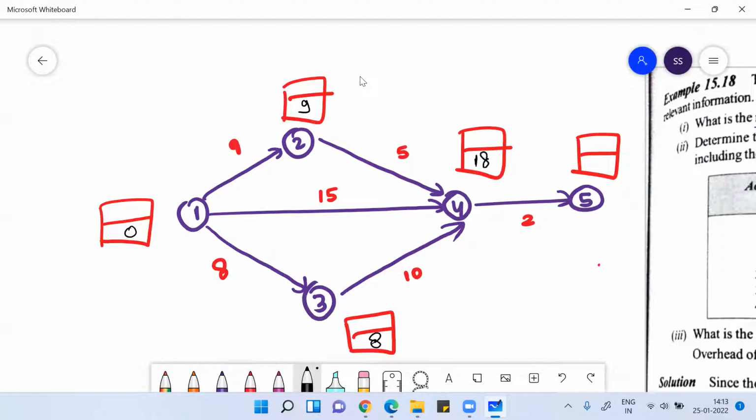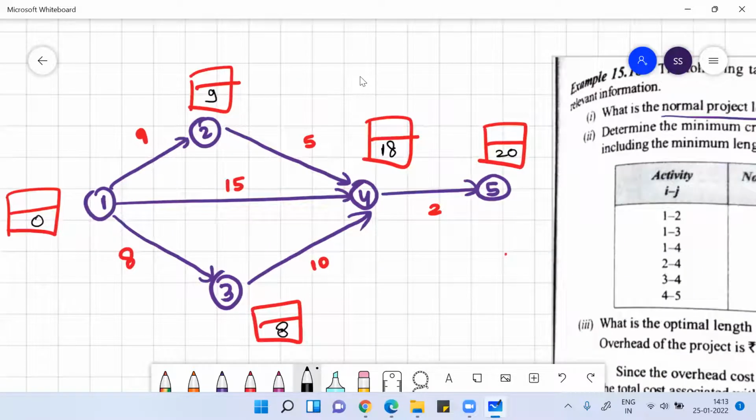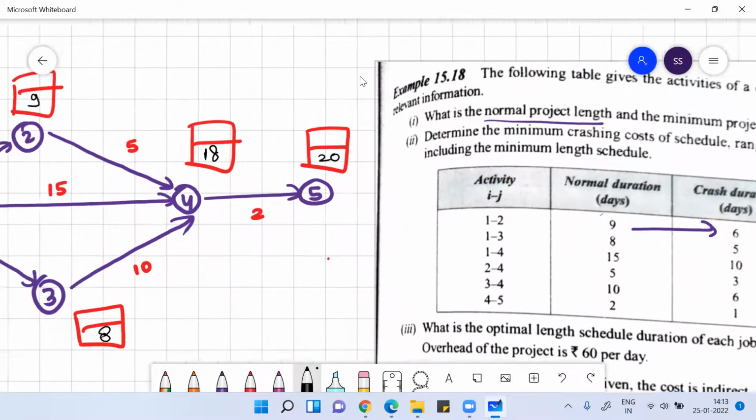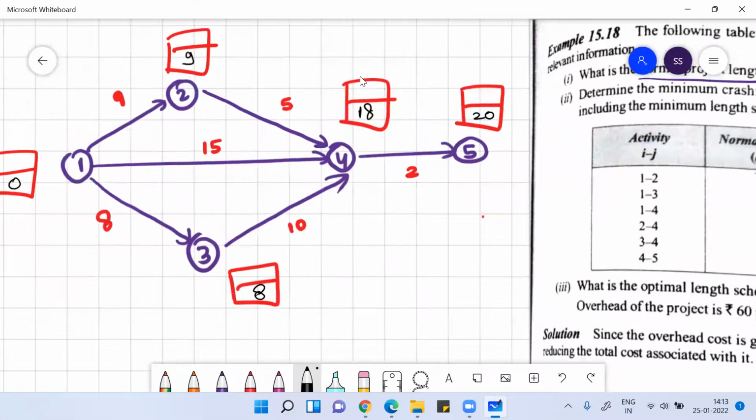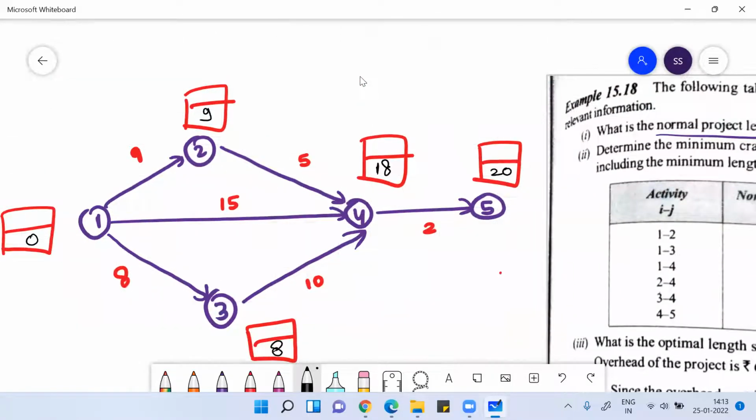So between 14 and 18, the bigger number is 18. 18 plus 2, 20. So you can understand the critical path for this project is 20 days. Critical duration is 20 days.